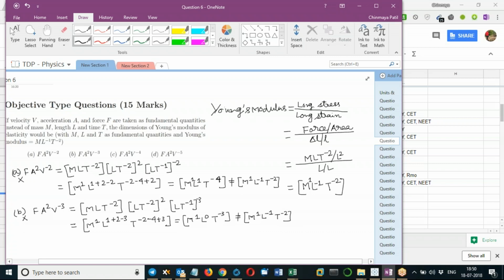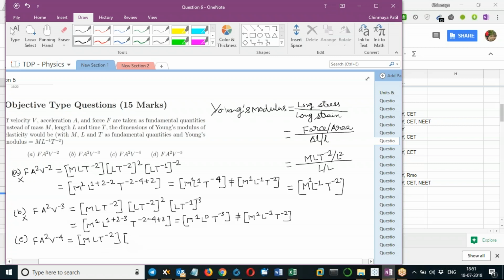Then we proceed to option C. Let's see how it looks. In option C we have F a square v power minus 4. Let's do it quickly. F is M L T power minus 2.